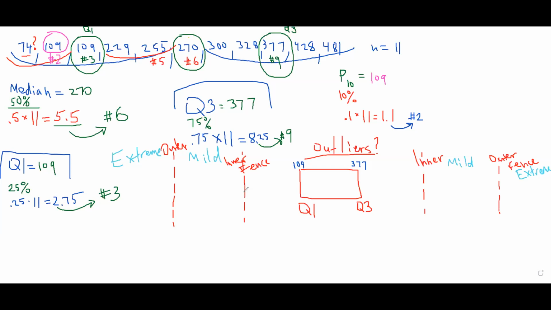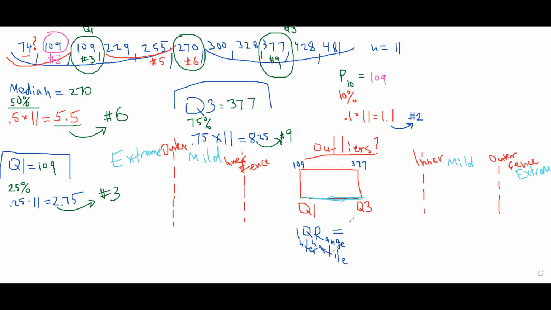So the key question is, how can I produce those fences? Well, to go for the fences, I need to find the gap in between quartiles, which is called the interquartile range. We know how to find range. We subtract the smallest from the largest, right?